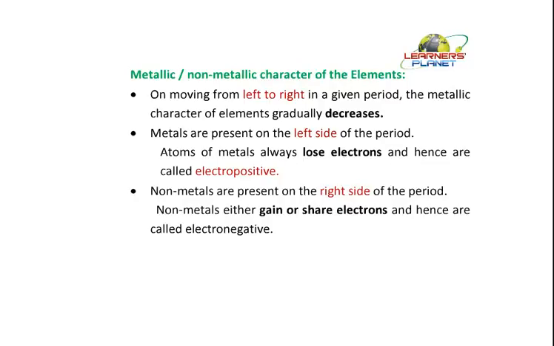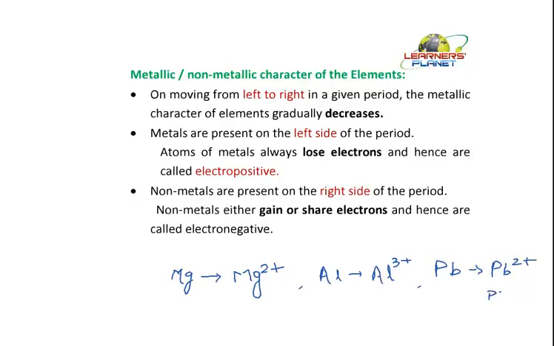If I take magnesium, which is a metal, it forms Mg2+. If I take aluminium, it forms Al3+. If I take lead, it forms Pb2+ or Pb4+. So metals form positive ions, whereas non-metals form negative ions.